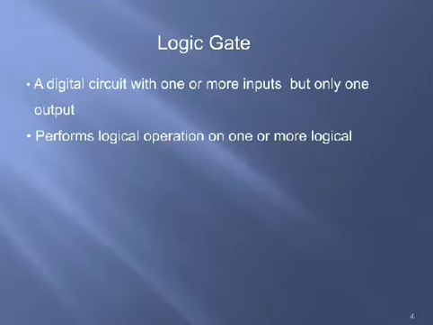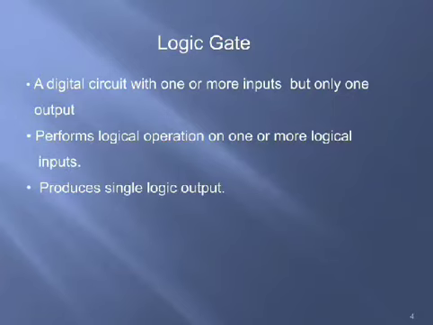It performs a logical operation on one or more input signals based on the type of logic you are giving to that gate, and it produces a single logical output. So any logic gate will have only one logical output, even though it has one or more logical inputs.